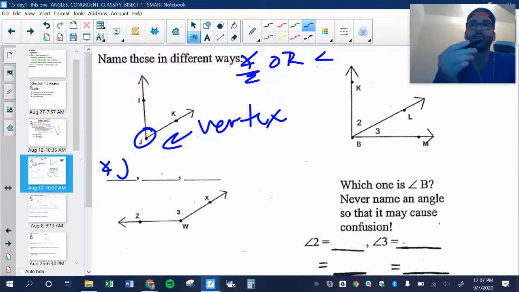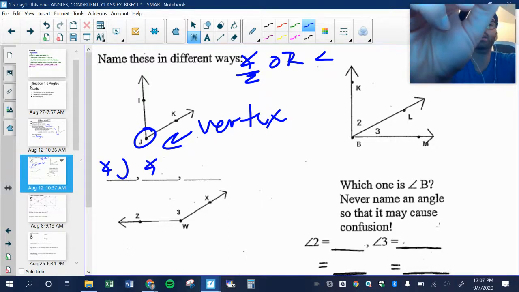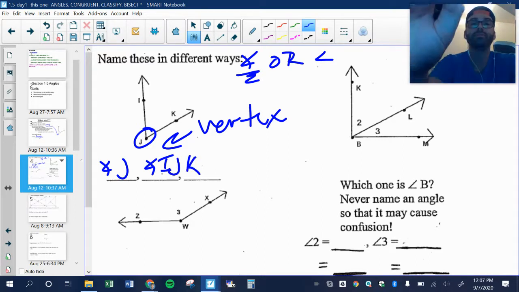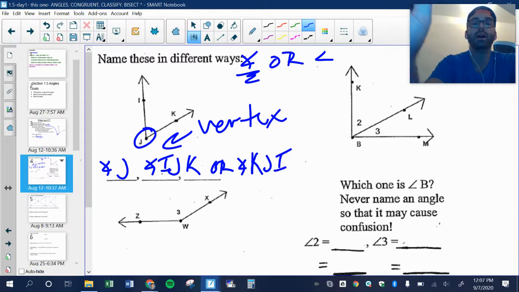I'll put the little slash through so it doesn't look like a less than sign. Another way to name this angle is based off 3 letters. Your middle letter must be your vertex. So what do I mean? I mean I, J, K, or K, J, I. Again, I can tell what the vertex is based on this middle letter here.